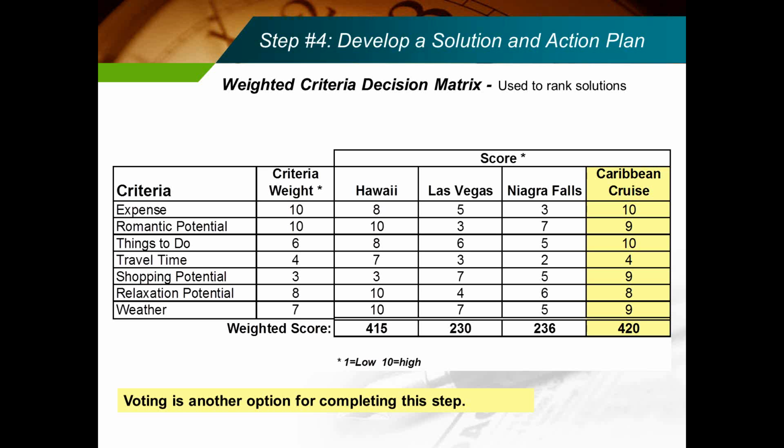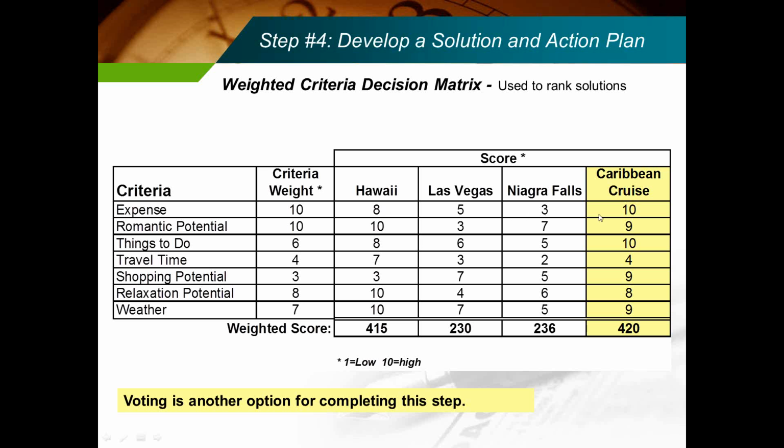So this is an example of if you wanted to decide which was the best vacation to go on, Hawaii, Las Vegas, Niagara Falls, or a Caribbean cruise. What you do is you pick a criteria. Expense could be one. You weight that criteria. How important is it? You rank each one of your options by how well it fits that criteria. Hawaii is very expensive, so it gets a very big number.